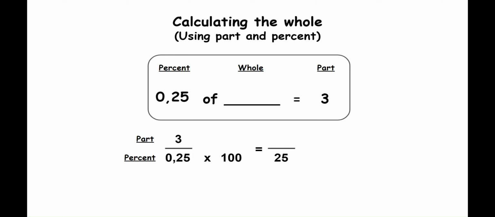And when extending fractions, whatever you multiply the denominator by, you need to also multiply the numerator by that same amount. This means we're going to also multiply the numerator 3 by 100, which equals 300. And now we can divide the numerator by the denominator. And 300 divided by 25 equals the whole amount, 12.